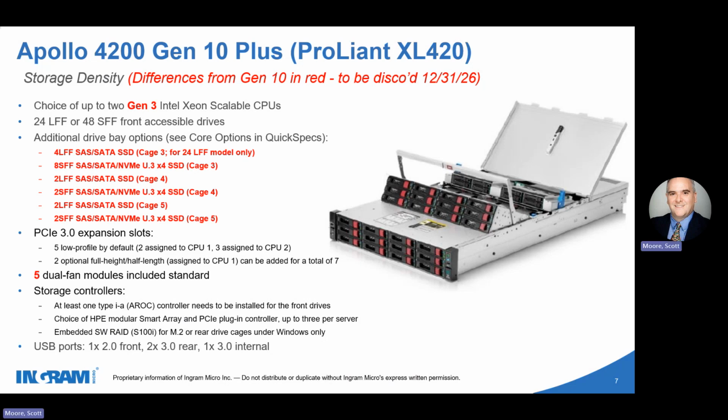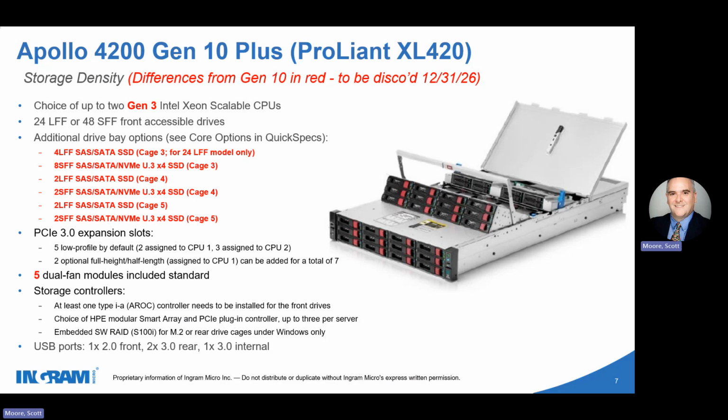So going forward, the Apollo 4200, because it is a dense storage solution, has been moved from the Apollo server family to HPE's storage division. So you won't hear of a Gen 11 Apollo 4200, but if you're looking for the same kind of thing, really dense server storage, up to 2 processor support in 2U of space, you want to look at the Alletra 4120.